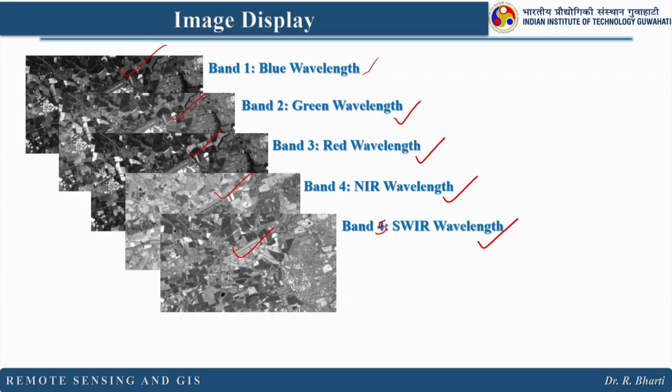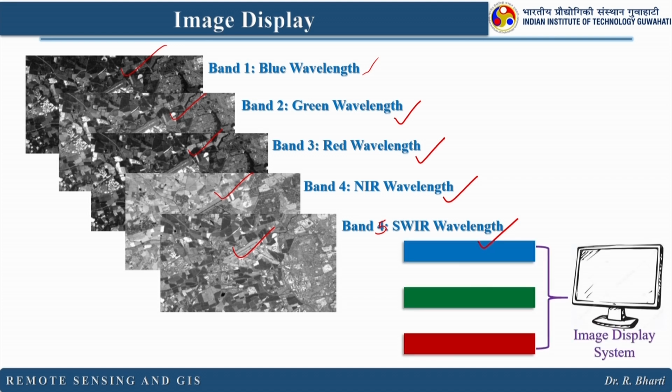But suppose you would like to see these images as a color composite. How do you generate these color composites? You have to understand the basic fundamentals. For any kind of display, you have three primary colors: blue, green and red. All the colors you are seeing are a combination of these three, right?